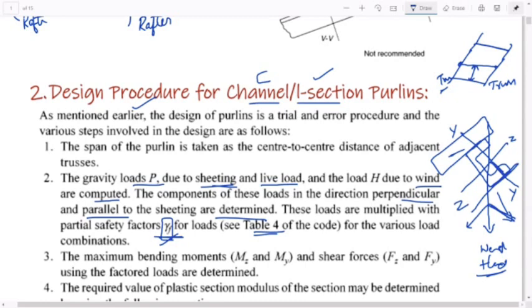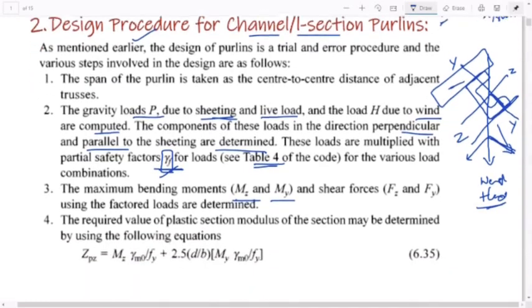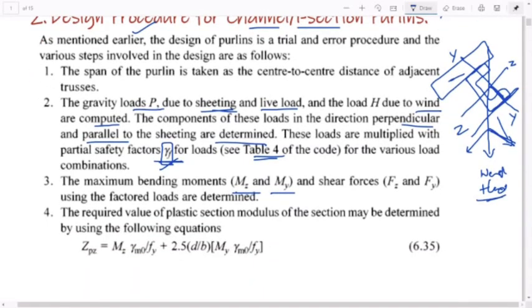When you use earthquake loads and dead loads, you use 1.5 and 0.9. Okay, we are going to see when we solve a problem. But you are aware of these partial safety factors, which you multiply with the loads to get the factored loads. So from that you calculate the maximum bending moments Mz and My.